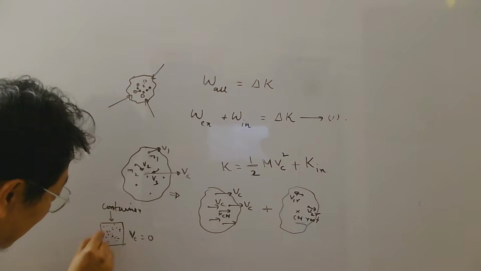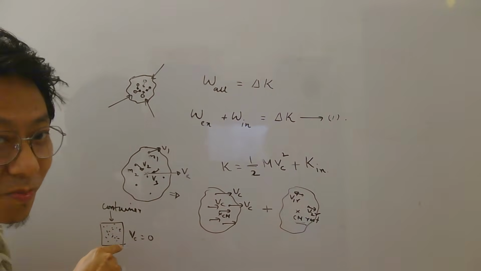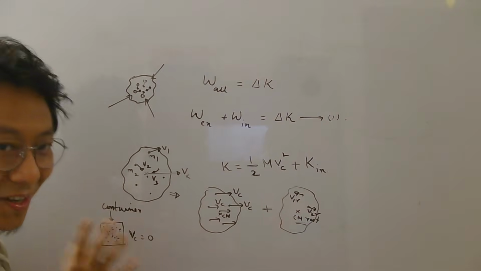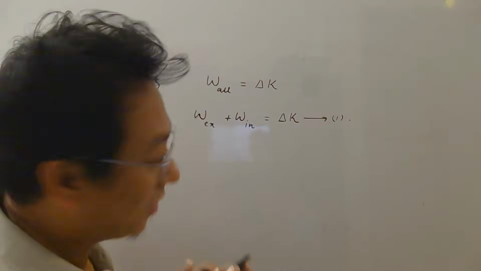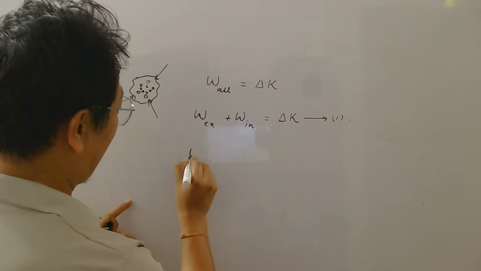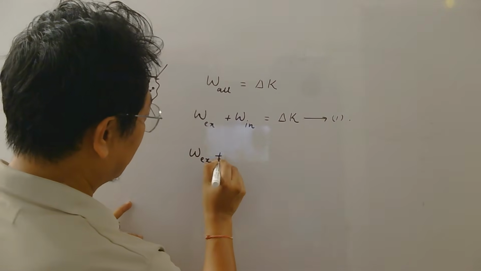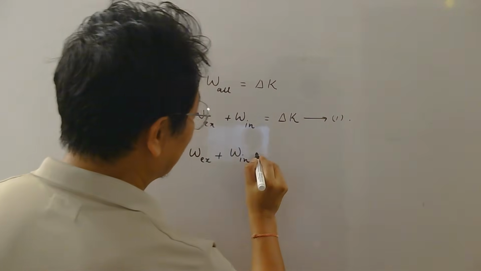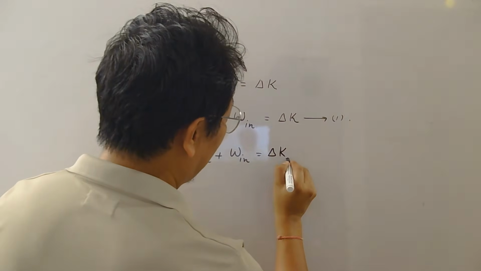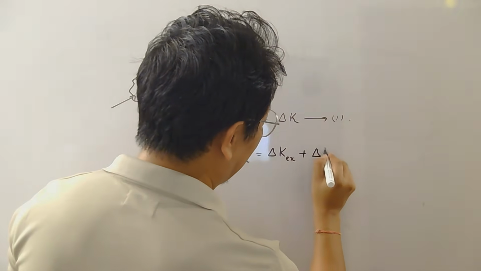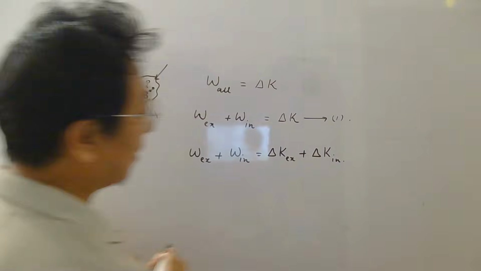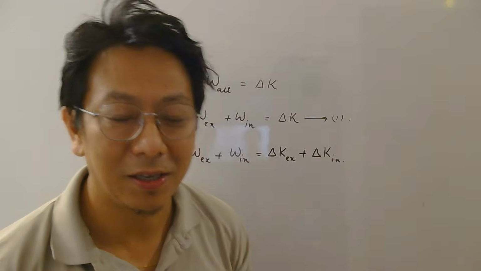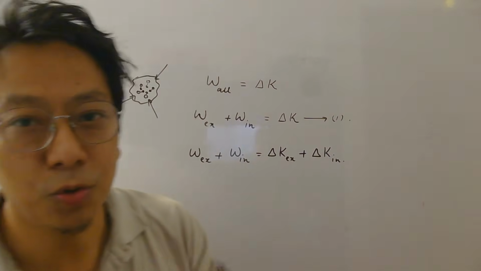But because particles have velocity with respect to the center of mass, because they are moving, there will be internal kinetic energy. Okay. So after understanding that point, I can write the work-energy theorem as: work done by external forces on the system plus work done by internal forces on the system is equal to delta K external plus delta K internal, right?